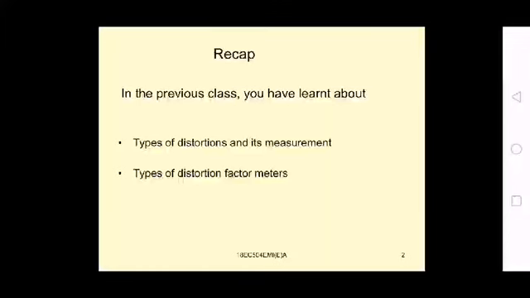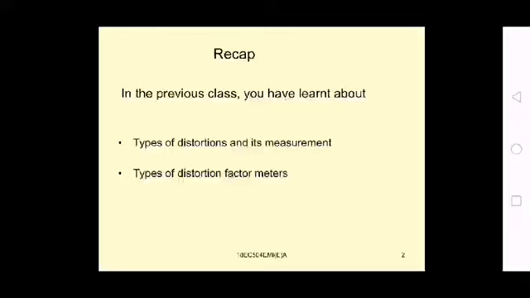We have already discussed that in the previous class, along with the various types of distortions: frequency, phase and amplitude distortion, and in amplitude again intermodulation distortion and harmonic distortion. What is harmonic distortion?